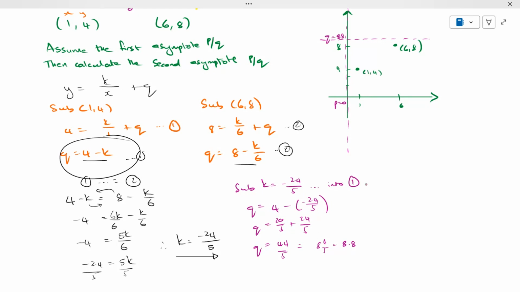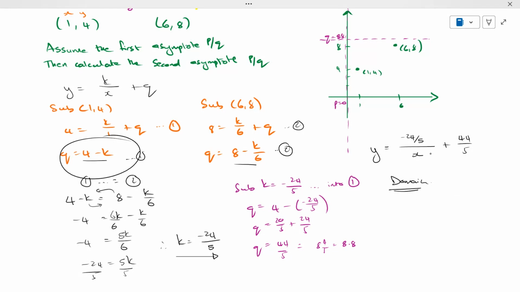We just found q. Now I've got my final equation: y equals k, which is negative 24 over 5, all divided by x, plus q, plus 44 over 5. We can put this in decimal form, and I also put my domain. If you are using decimals, make sure you provide enough precision, like 3 decimals, or the more detailed the better.